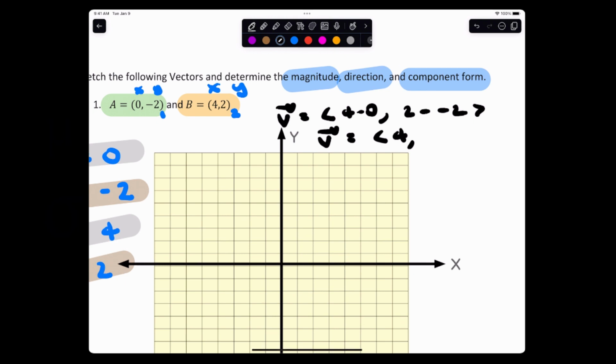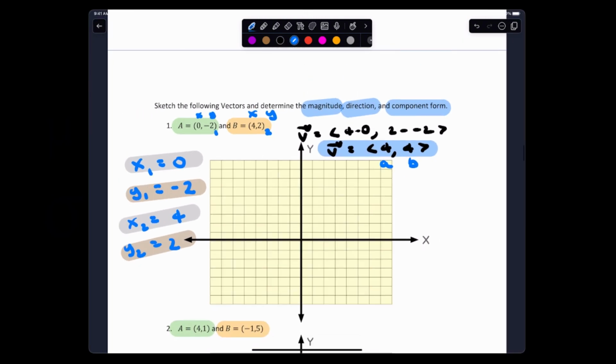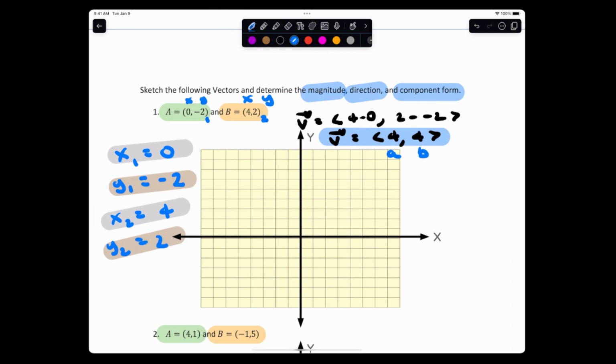Is that 2 plus 2? So it'll be 4, 4. Okay, so if we plotted those points, by the way, 0, -2, this is where 0, -2 would be. This is A. 4, +2. 1, 2, 3, 4, up 2.